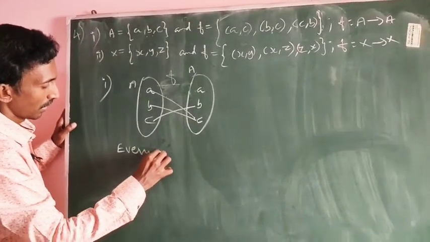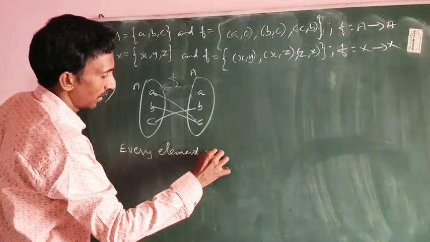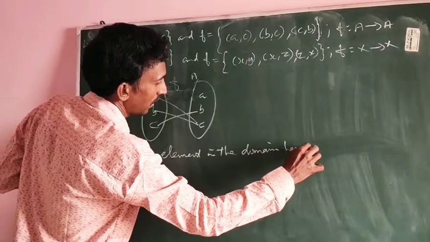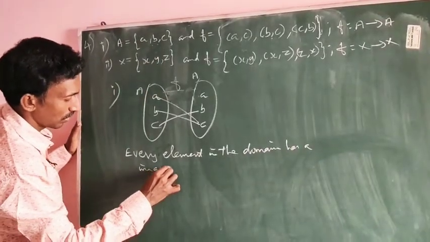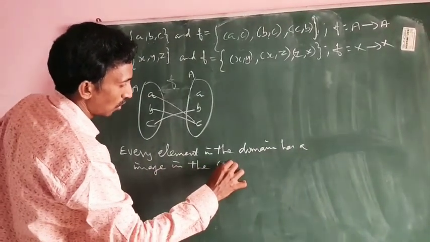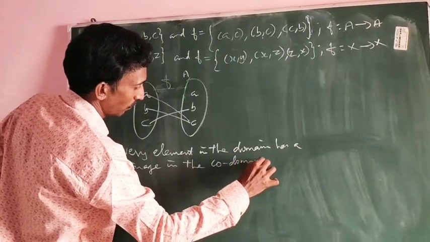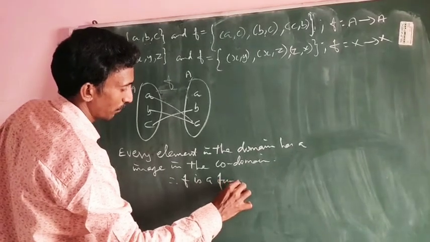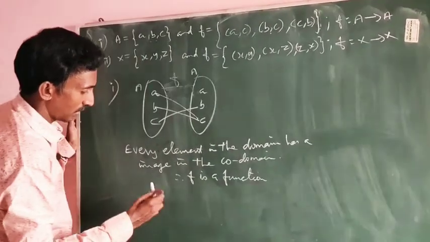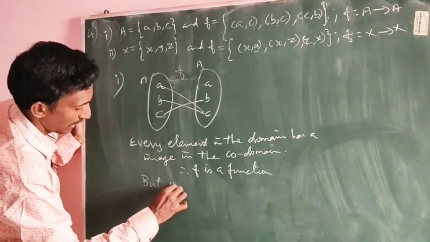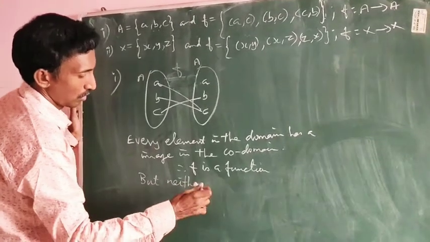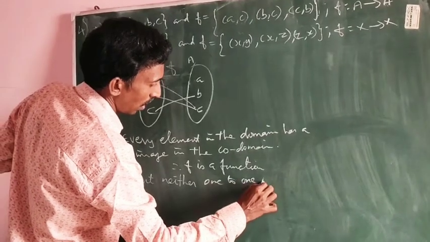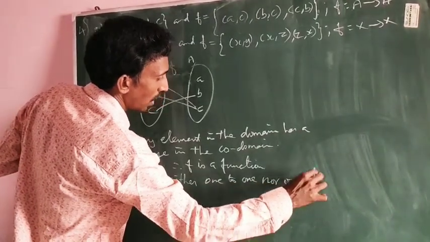Every element in the domain has an image in the codomain. Therefore, f is a function, but neither one-to-one nor onto.